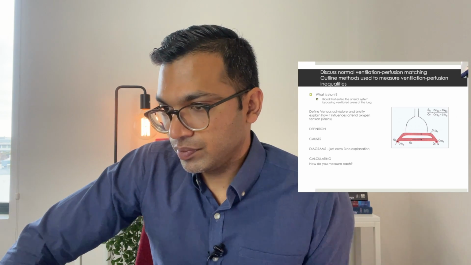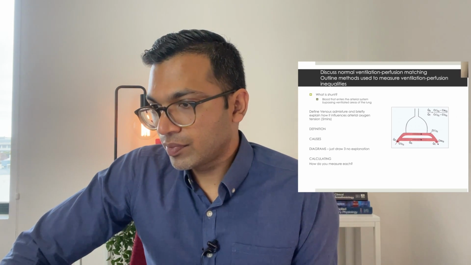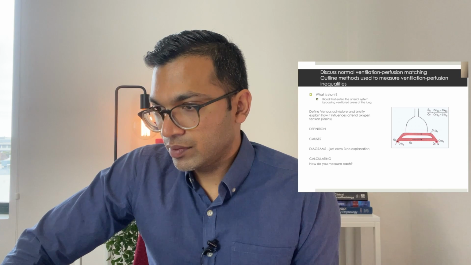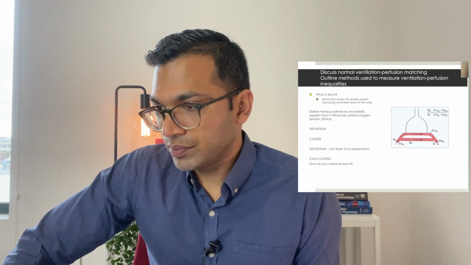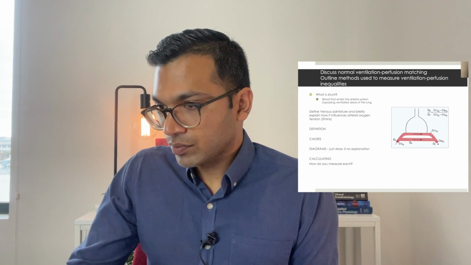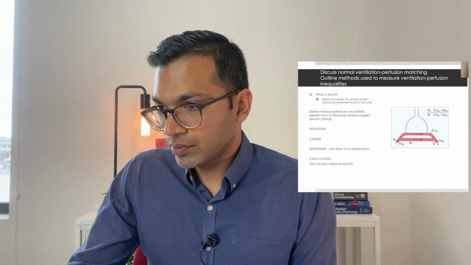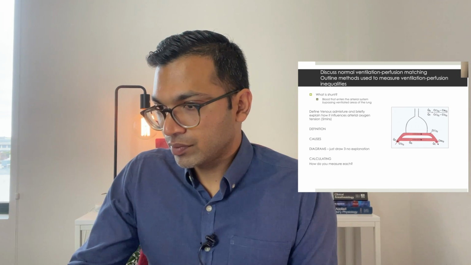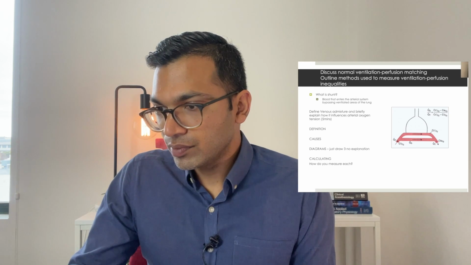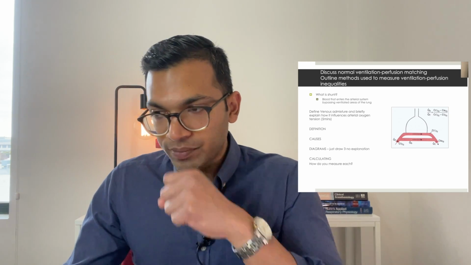Physiologically would be due to the bronchial circulation or coronary blood flow, including the Thebesian veins. And then pathological could include intracardiac shunt, left to right shunt, intrapulmonary shunt with an arteriovenous malformation, for instance. And those are the causes of shunt.